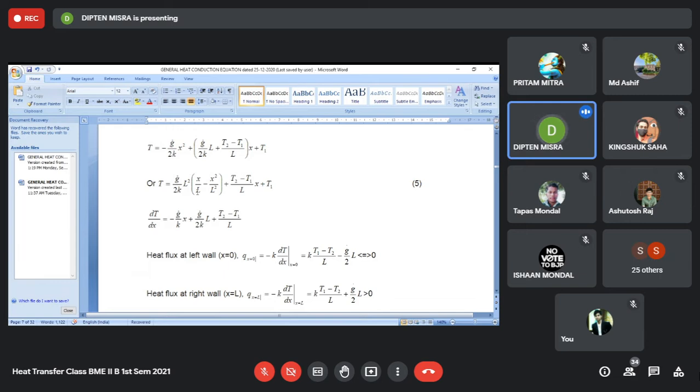Now if I plot theta as a function of x bar, we can draw one graph for one value of capital G dot. We can draw another graph on the same graph paper for a different value of capital G dot. Like that I can draw a series of graphs having different values of capital G dot.